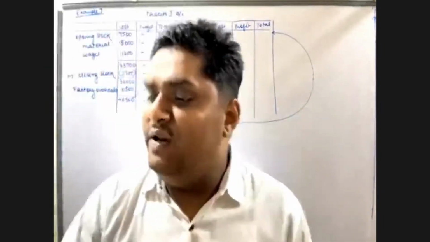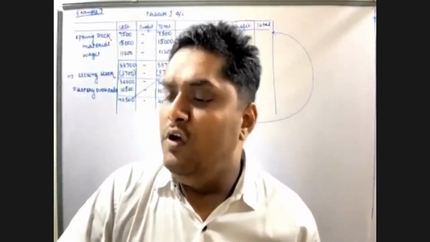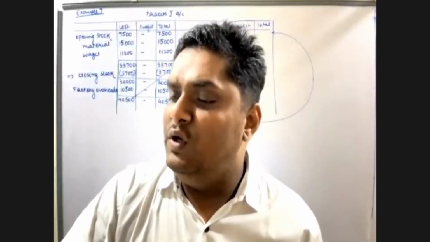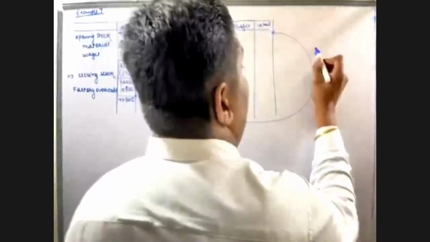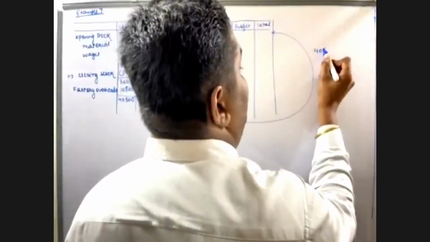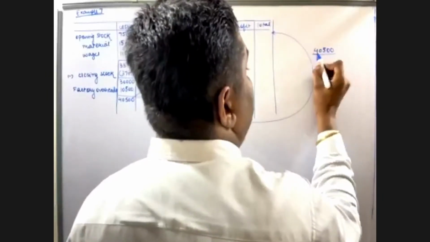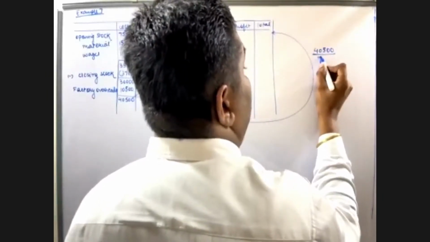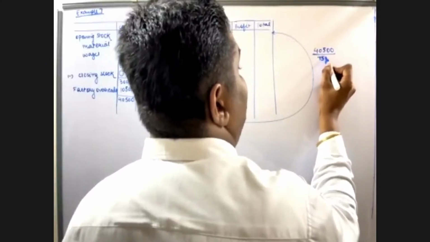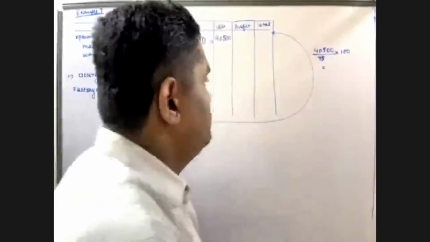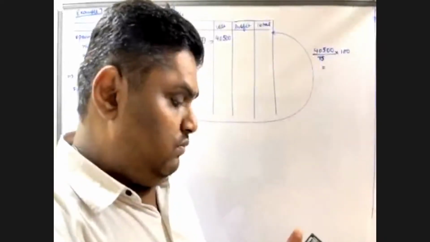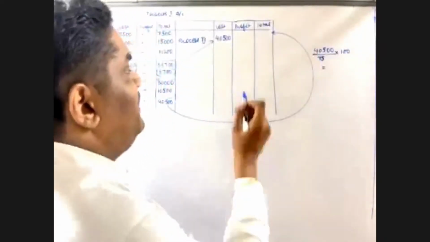So herein it is given in the question that the output of process first is transferred to process second at 25% profit on transfer price. So it means 40,500 is 75%. So how much will be 100%? 54,000.